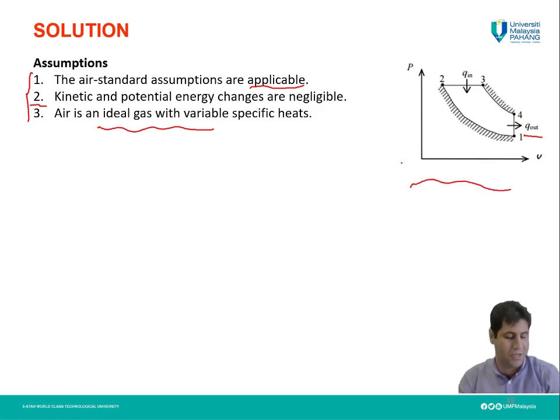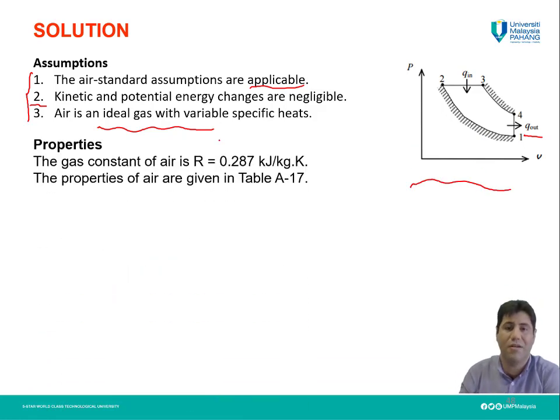for our example here. The thermodynamic properties which are important here for this example are based on what we mentioned in the assumptions. Air here is an ideal gas. So for the air as an ideal gas, R or gas constant is equal to 0.287 kilojoule per kilogram Kelvin.